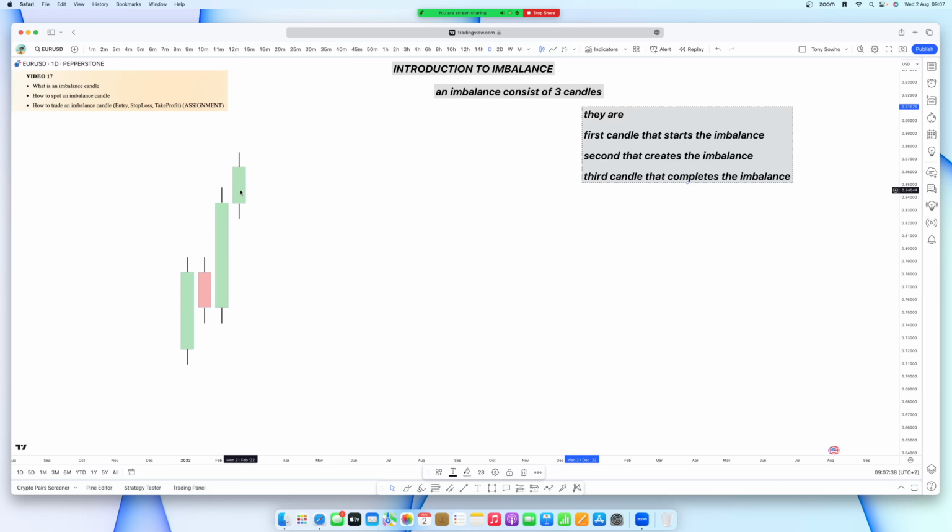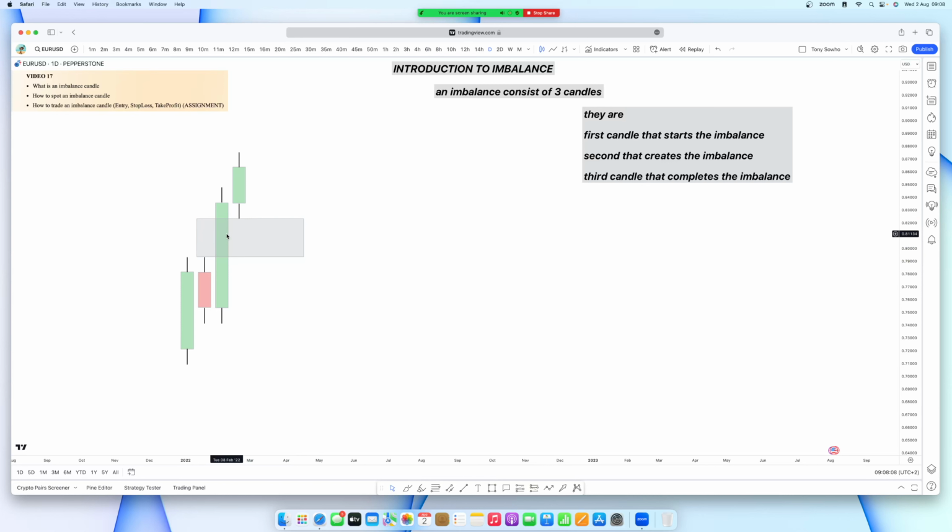What can you notice from this candle? I can see that in this area, from here all the way to here, there is no wick to the left and right of this candle. Are you seeing it? There is no wick to the left and right of this big candle.